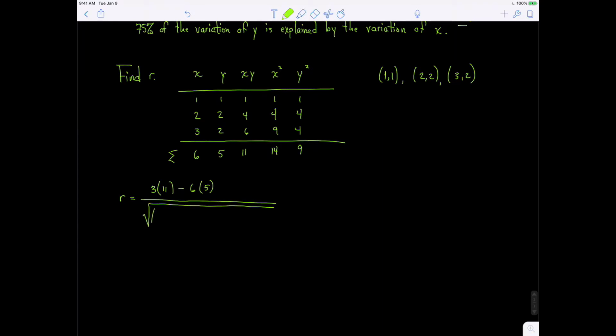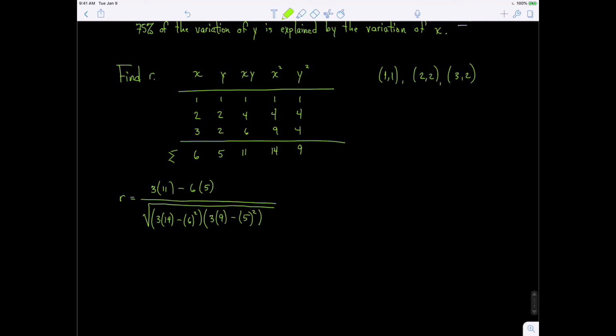We take n, which is 3, times the sum of the x's squared, which is 14, minus the sum of the x's, which is 6, squared. Then we do the exact same pattern for the y's. We have 3 data values, the sum of the y's squared is 9, minus the sum of the y's, which is 5, squared.